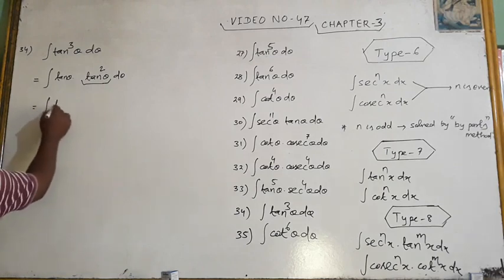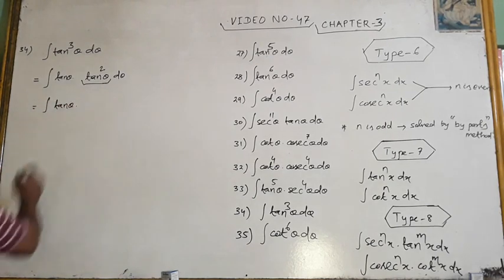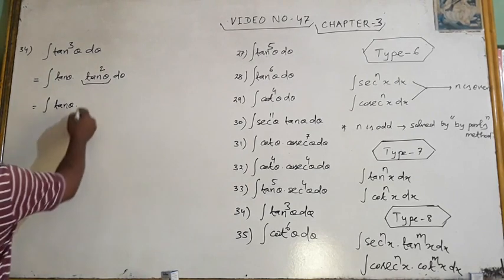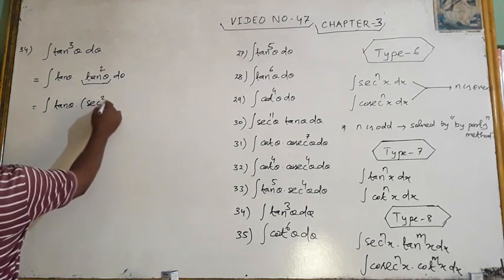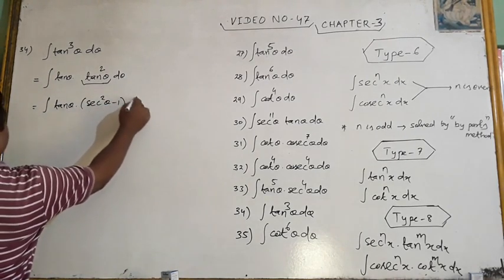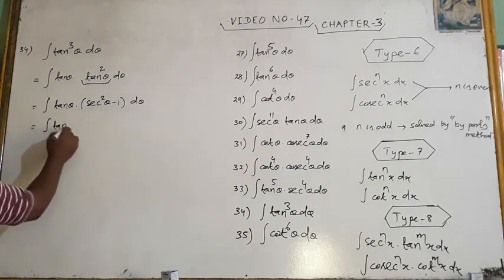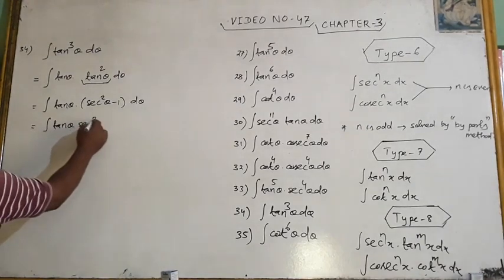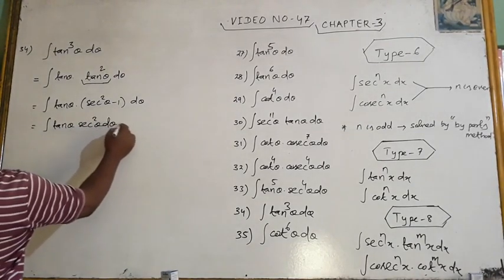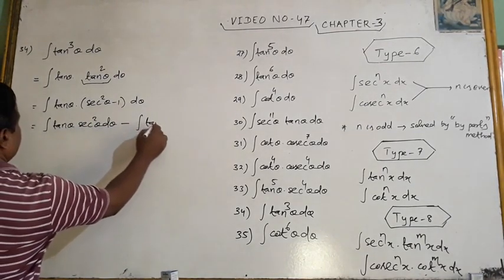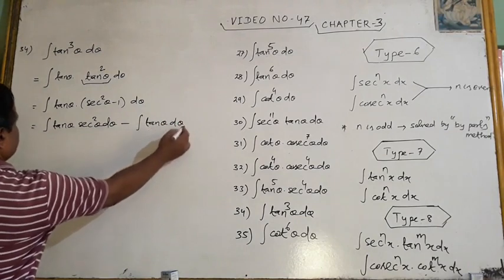So in place of tan square theta you can write sec square theta minus 1. Now it becomes tan theta sec square theta d theta minus tan theta d theta.